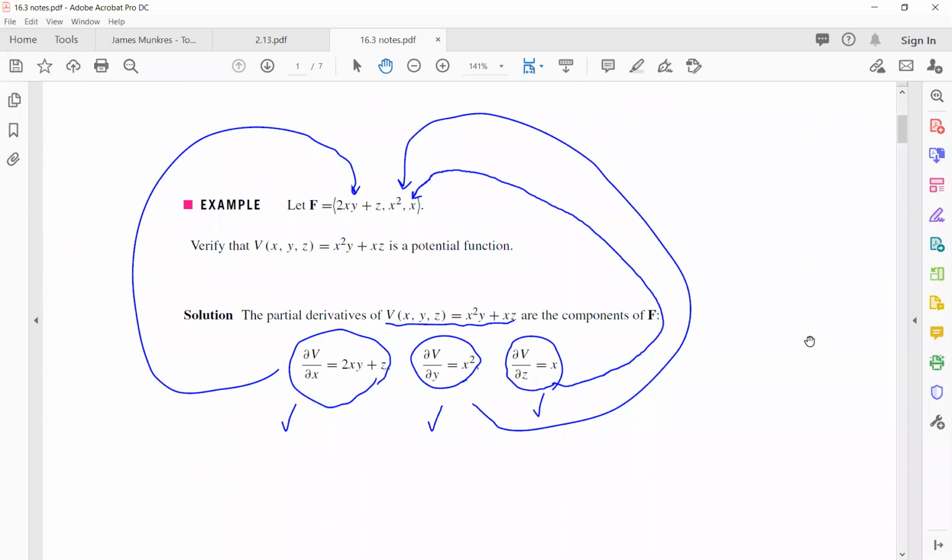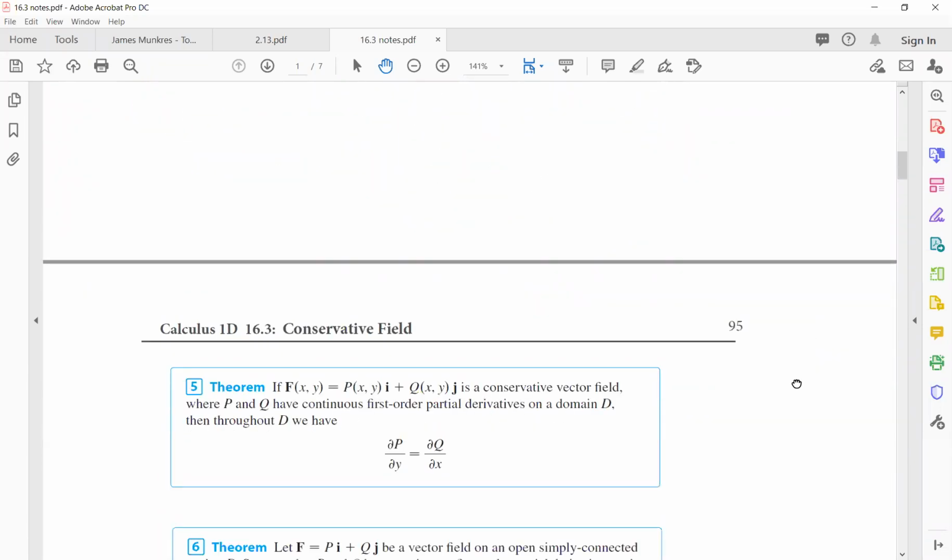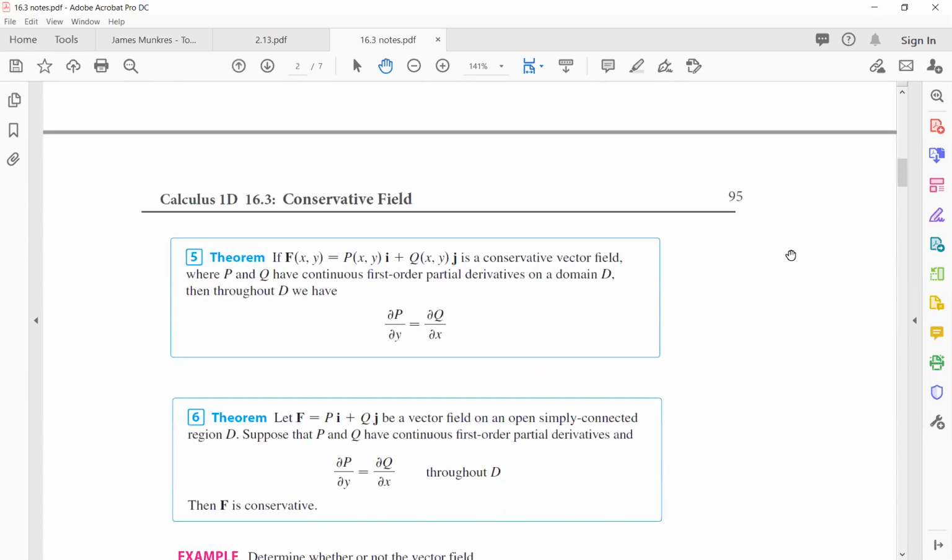Let us move on to the next page. We have some theorems. Okay. Theorem number 5.